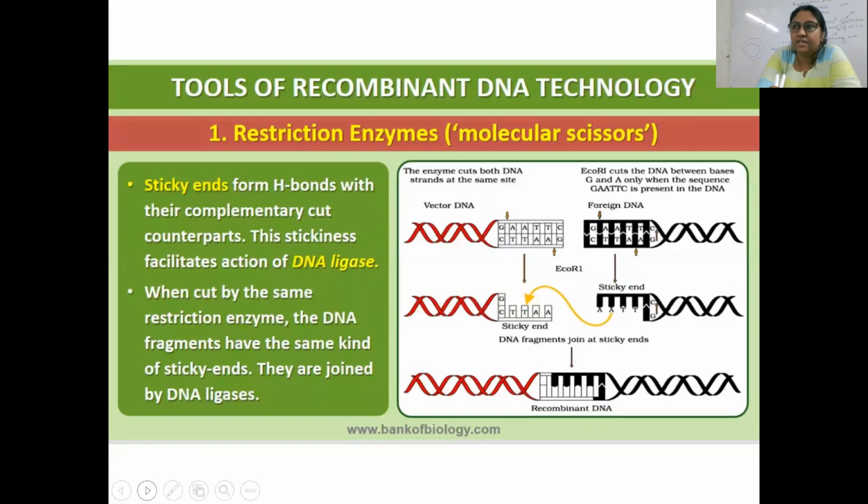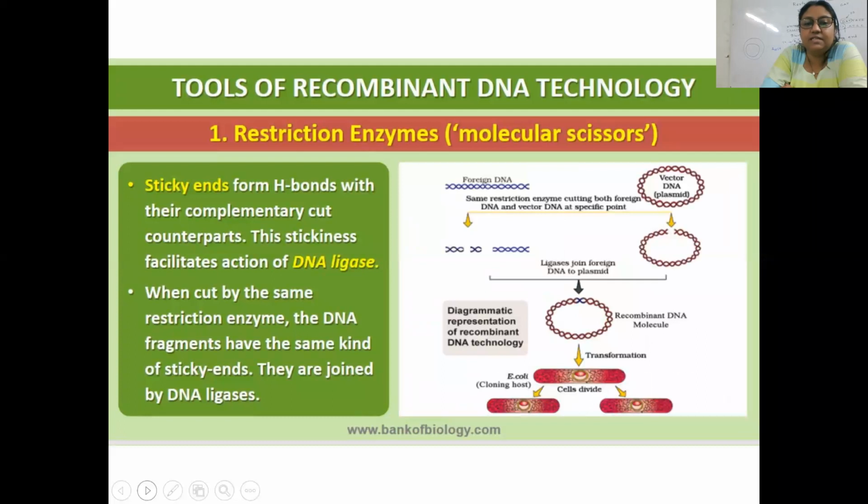Although they are having sticky end, there will be some gap in between, no? So who is famously used for joining the DNA strand? The ligase? Very good. So DNA ligase is responsible for joining of these DNA bases with sticky end.